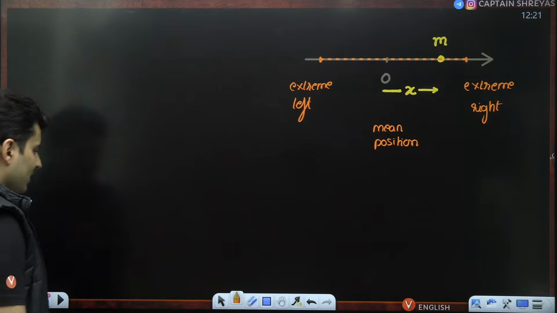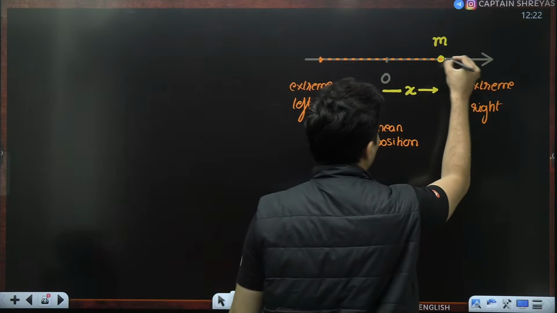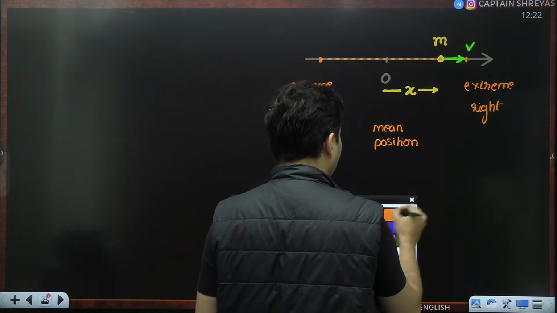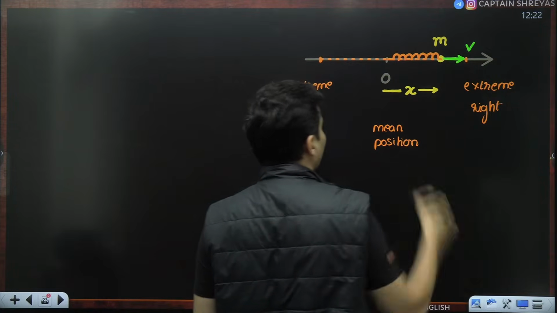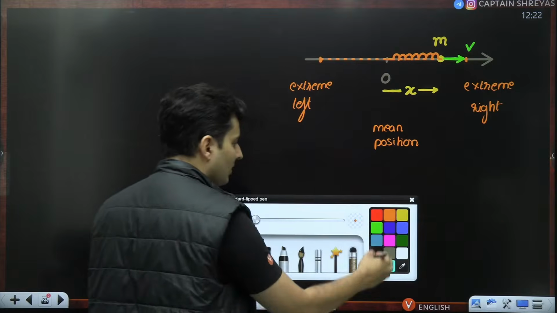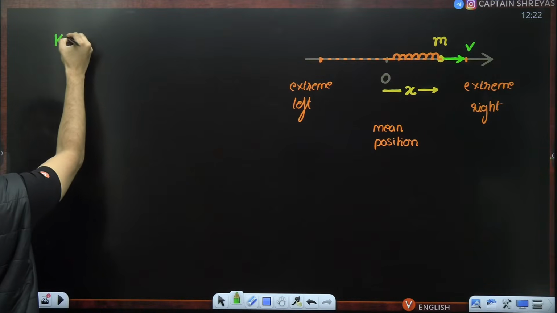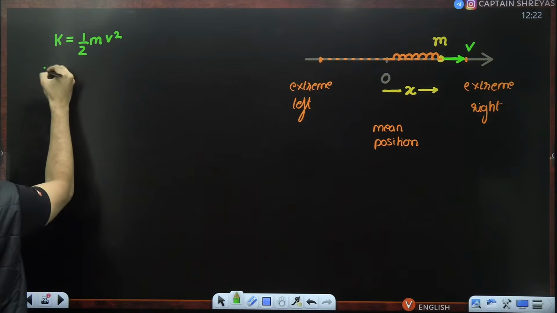Can we also write kinetic energy and potential energy of those masses? I think so. If this is the velocity of the particle and imagine there was a spring-like thing over here, can we also write the kinetic energy and potential energy? Definitely, why not? Kinetic energy is nothing but half m v square.